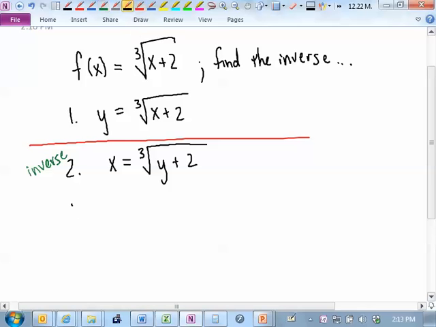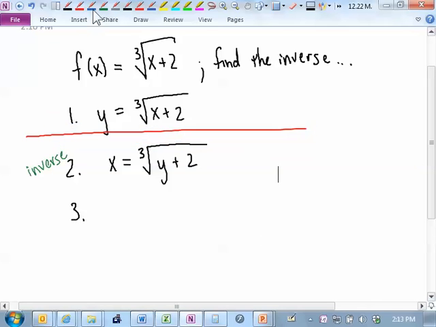Step 3, solve that. So let's see, how would you solve that? We did those in section 10.6. Do you remember that? Cube it. Yes, cube it, good. I want to say square, but it's not, yeah.